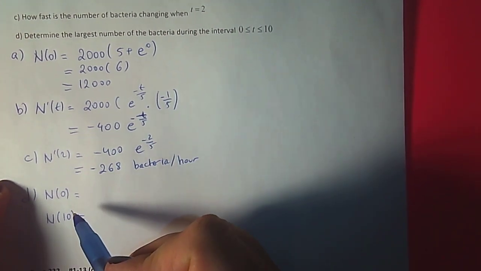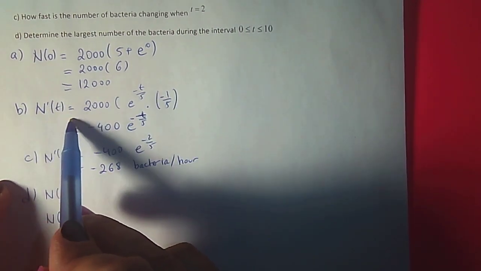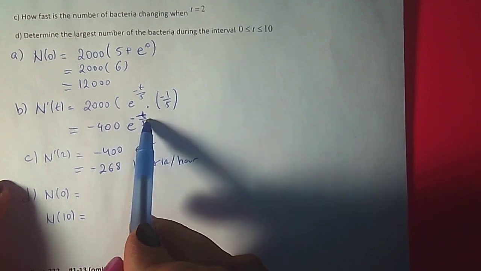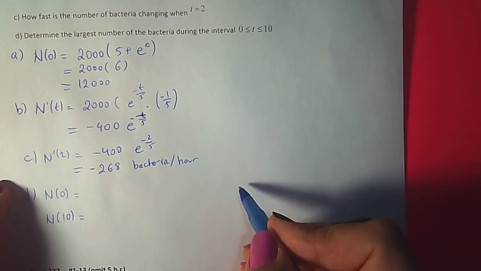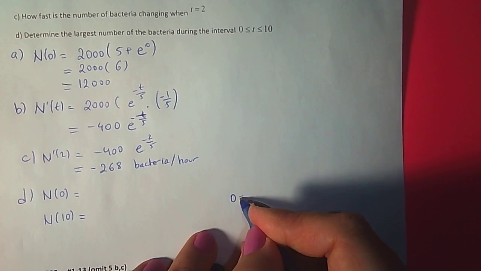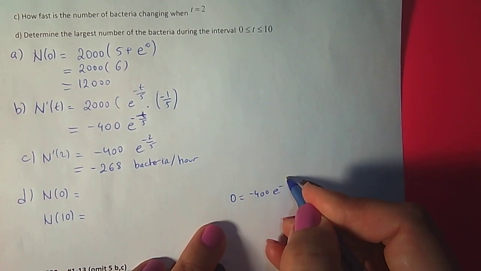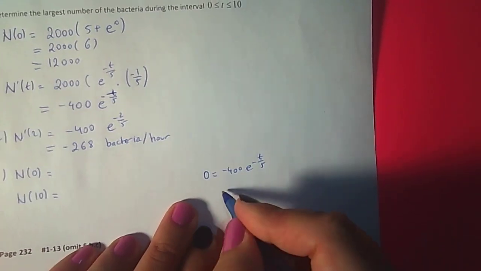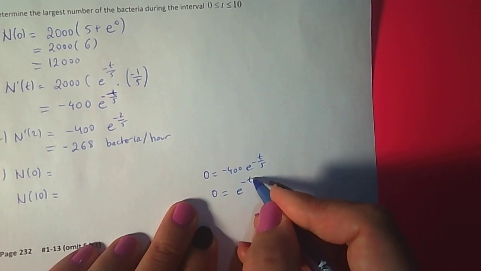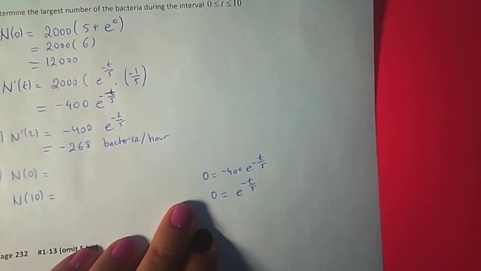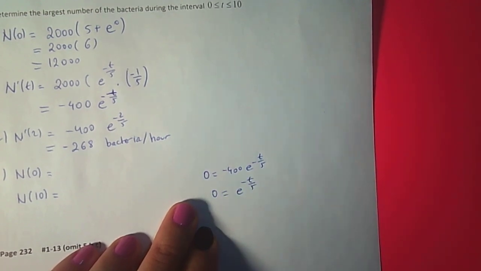We also need the zeros of the first derivative. First derivative is here. But if we want to make it equal to 0, we get 0 equals e to the power of negative t over 5, if you divide both sides by negative 400.